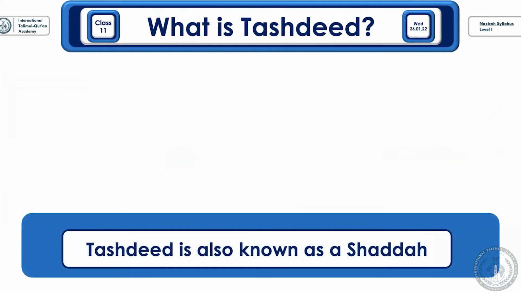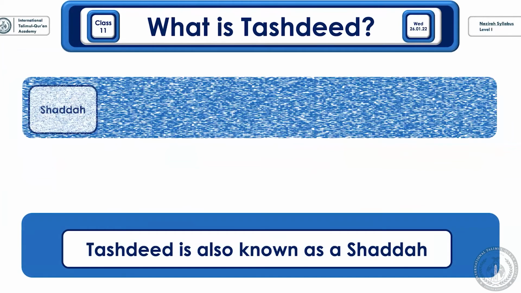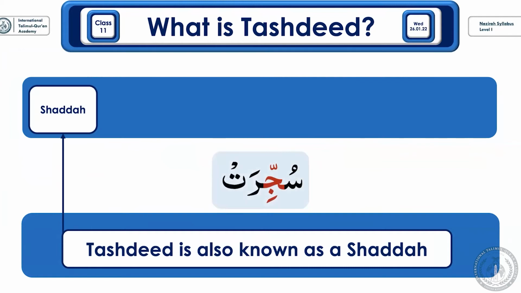Tashdeed is also known as a shadda. We're going to learn about shadda by looking at this word that's popped up on our screen, and we're going to focus on this little bit here with the red jeem. Now a shadda looks like this W sign. It looks like a W and we're pointing to it there.